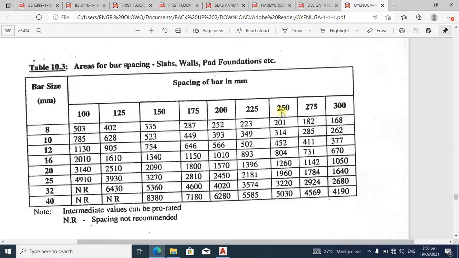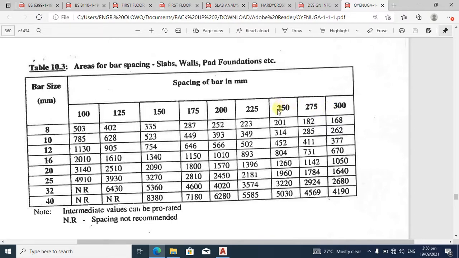we are going to provide 452 millimeter square reinforcement at a spacing of 250, so that in case the iron benders add their own, everything can still fall back to maybe 275, or you might have some around 300.